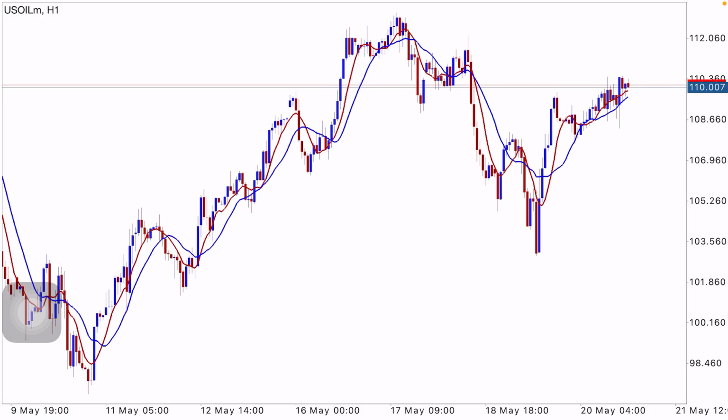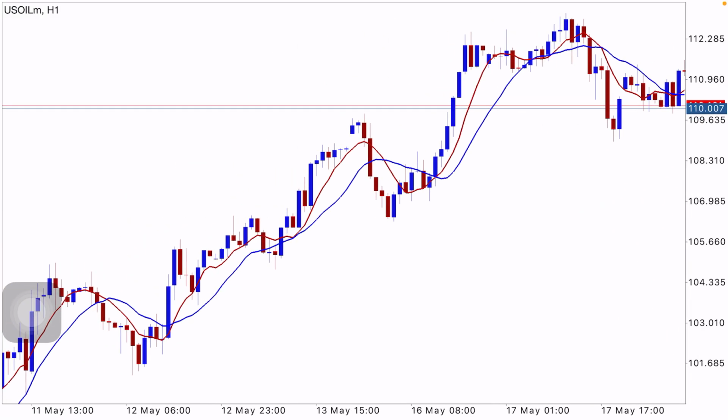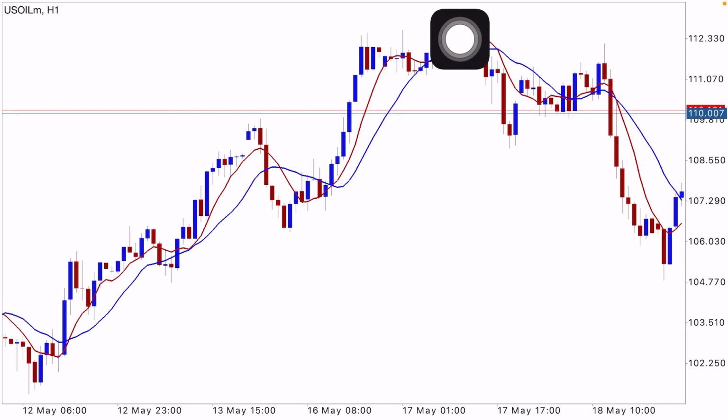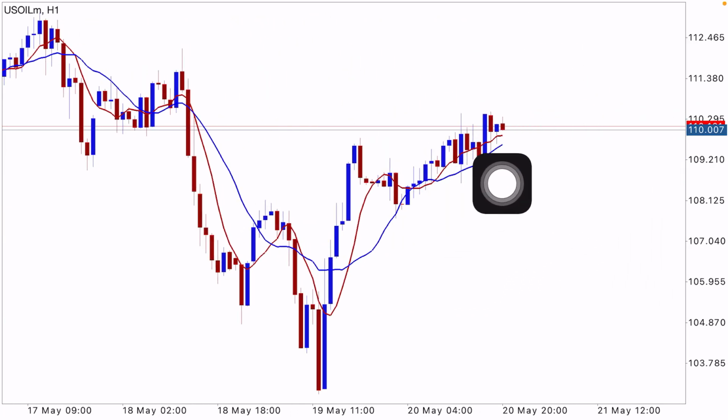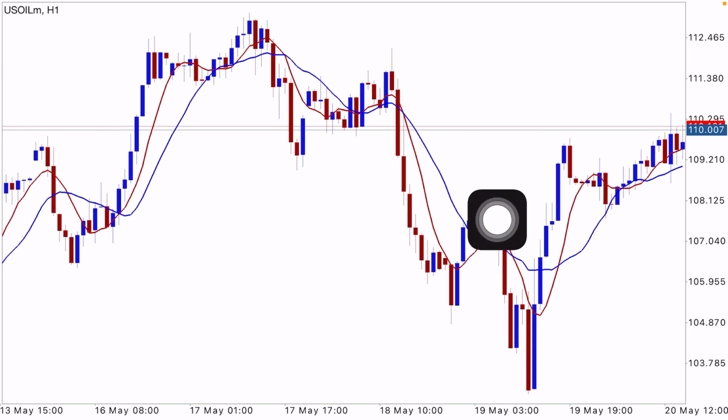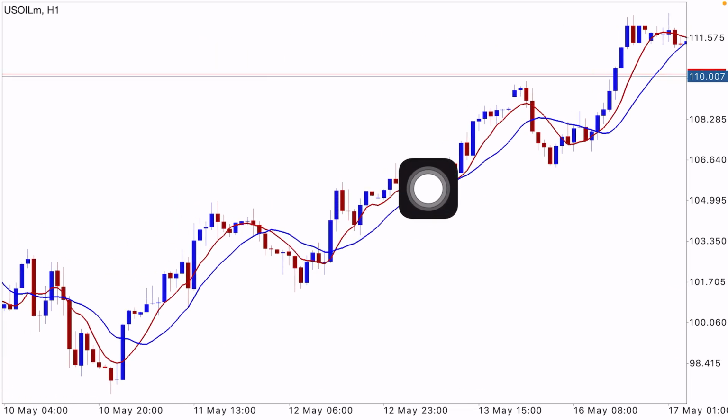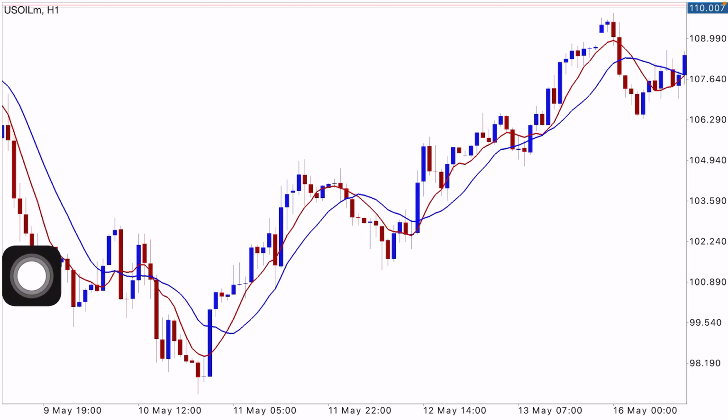So you can see the 7 and 14 moving averages on the chart. I've added them. Very good. Right now, which one moves faster, the 7 moving average or the 14 moving average? Think about it.